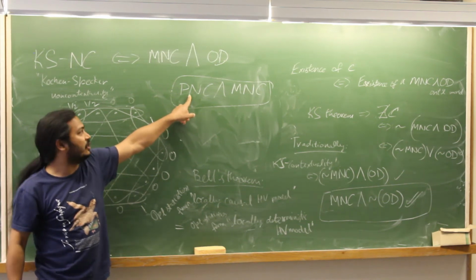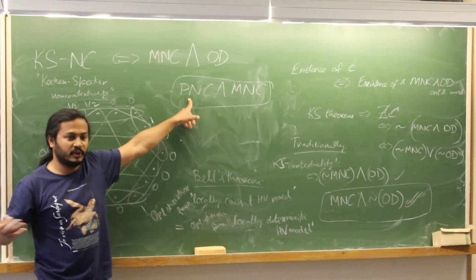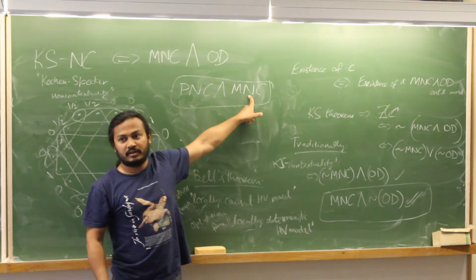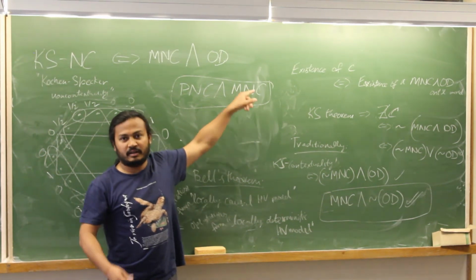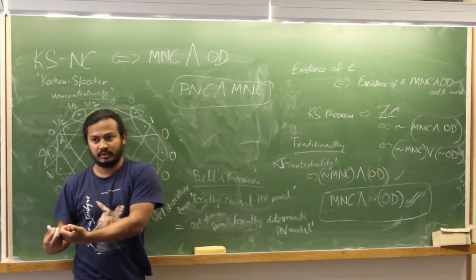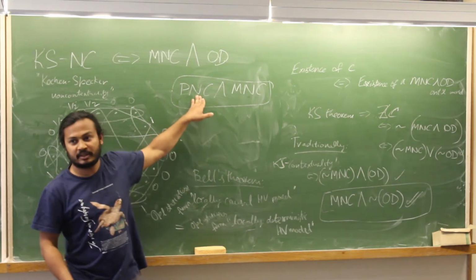This is not present in the literature on the Kochen-Specker theorem, because it is a new assumption which was motivated on the same grounds as measurement non-contextuality. The grounds being that operationally indistinguishable things should be represented identically in the ontological model. So that's the conceptual justification for why this is a reasonable assumption.